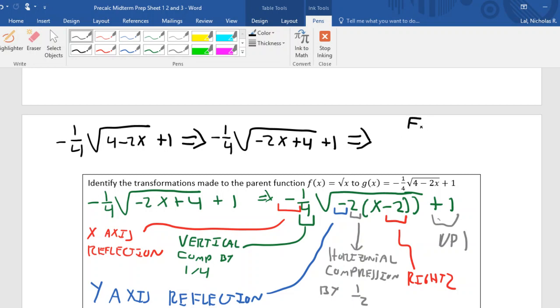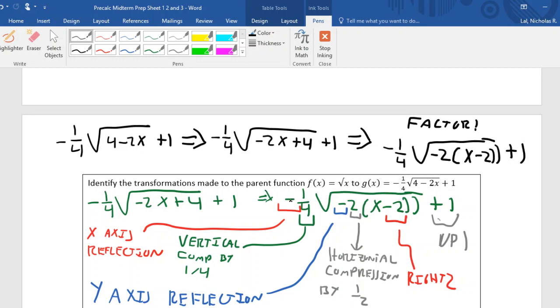You must factor. You have to factor. Negative 1/4 times the square root of negative 2 factored out. Negative 2 is factored out. Negative 2x divided by negative 2 is x. 4 divided by negative 2 is negative 2, all plus 1.